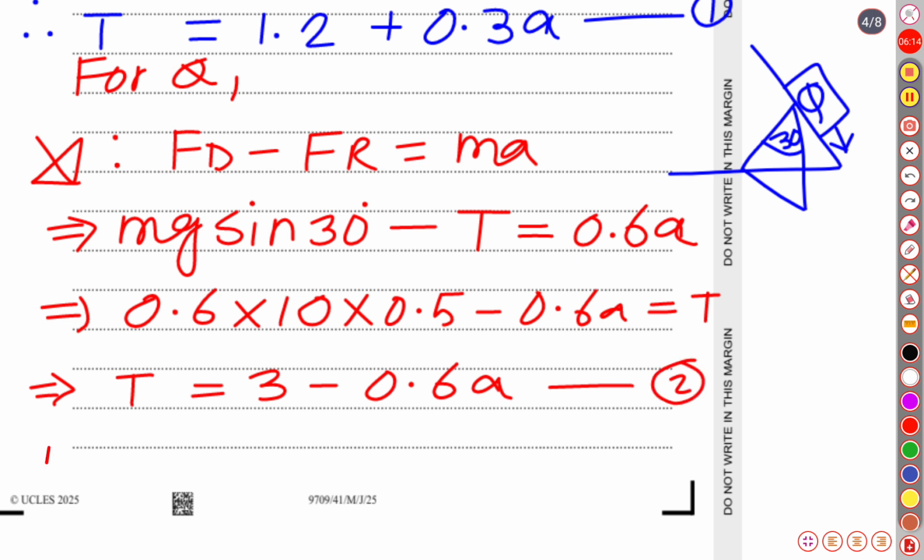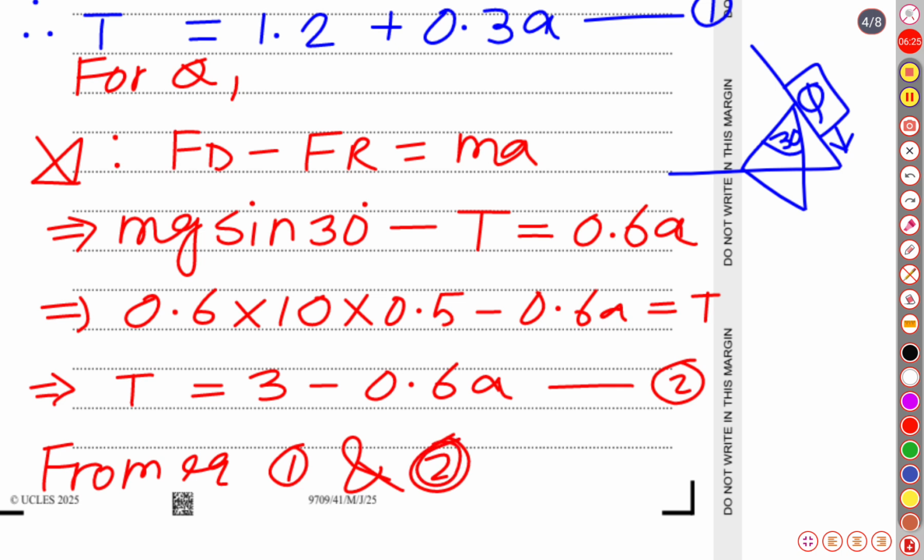Now from equation 1 and 2, both of the right sides are tension, so they must be equal.